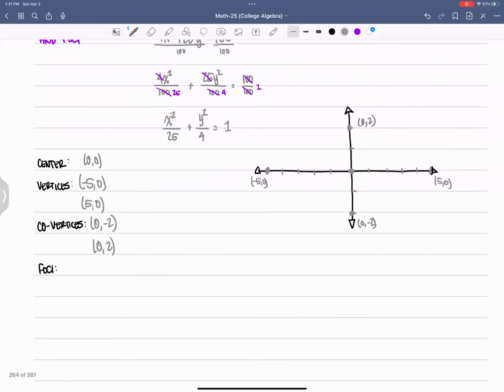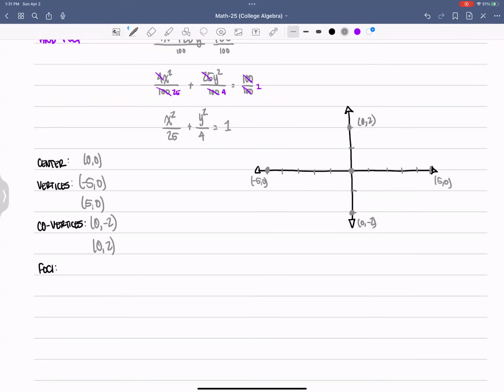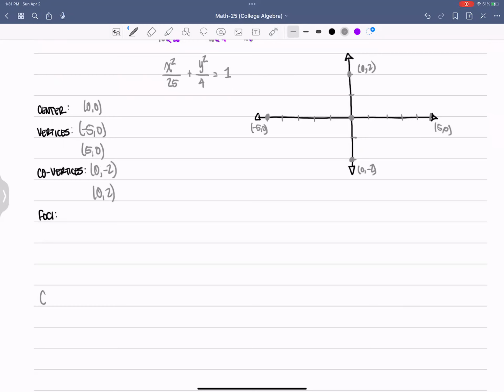For the foci, we need to figure out what c is first. We know that c is equal to the square root of a squared minus b squared. A squared comes off of our major axis, which is 25, and this is already a squared.